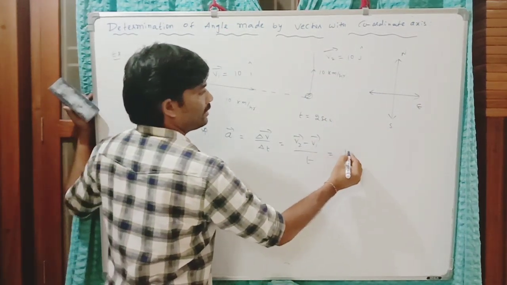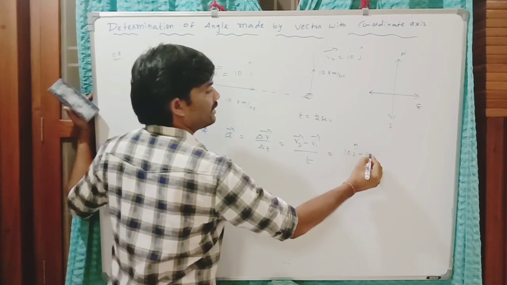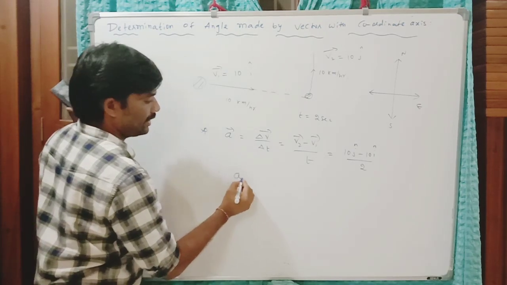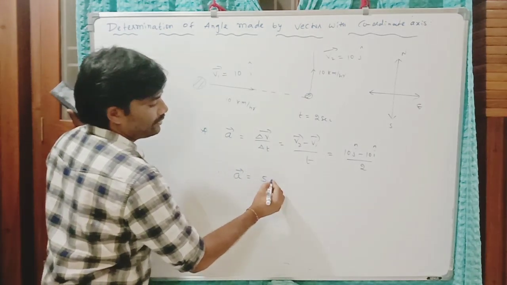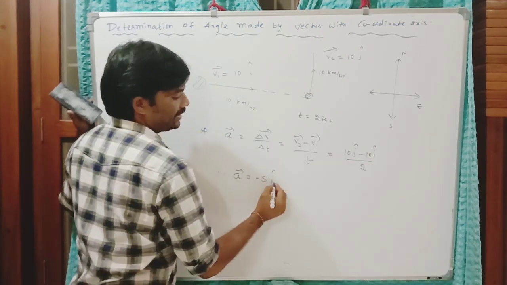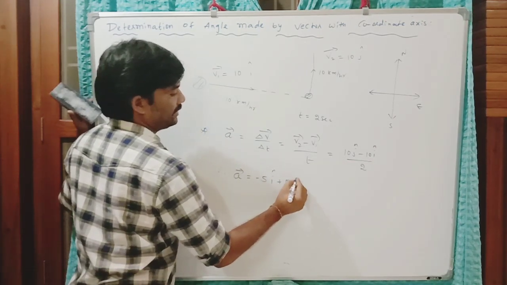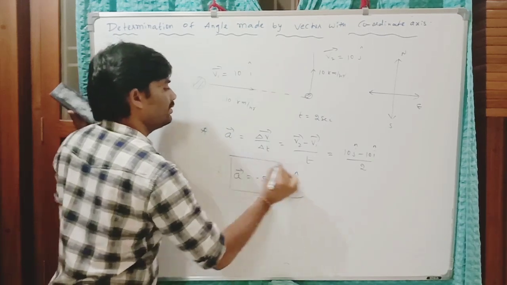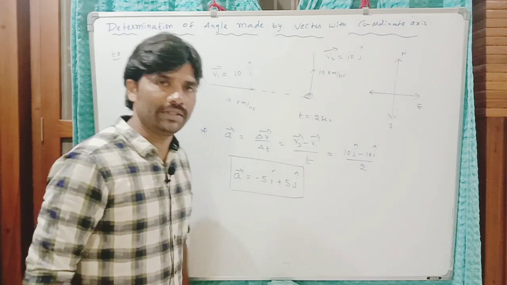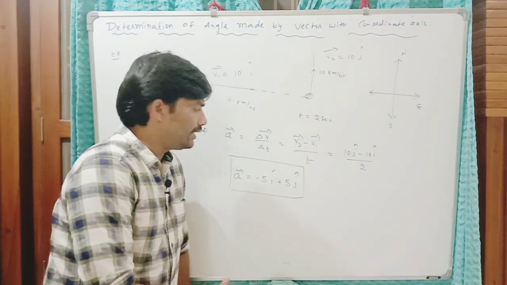So it gives 10j minus 10i by 2. Therefore the acceleration of the particle is minus 5i plus 5j. This is the acceleration in vector form. This equation will give both magnitude and direction.